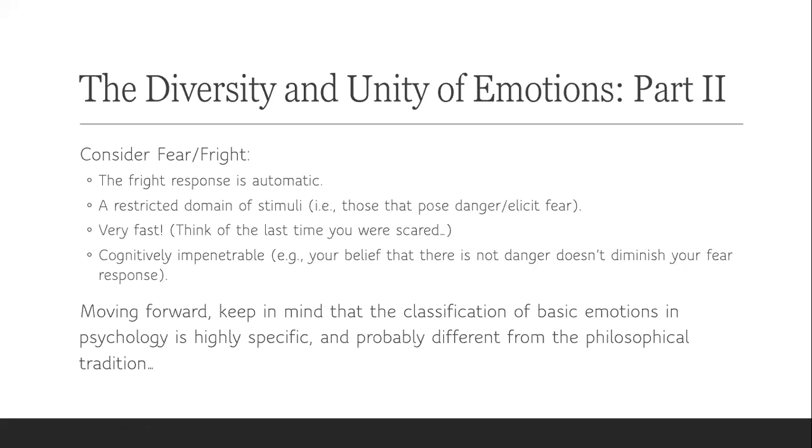Whatever underwrites fear or fright also seems to involve a restricted domain of stimuli, right? So in the case of fright, stimuli that pose a danger elicit fear because the eliciting stimulus poses a danger. If there were to suddenly be an earthquake, you might feel very afraid automatically.